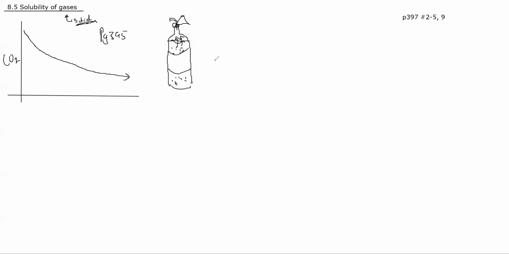What happens though if I take a cup of the pop I just poured, which has all the carbon dioxide in it, and I let it sit on the kitchen counter, giving it time until it becomes room temperature? What happens? Well, it becomes flat. It becomes gross.